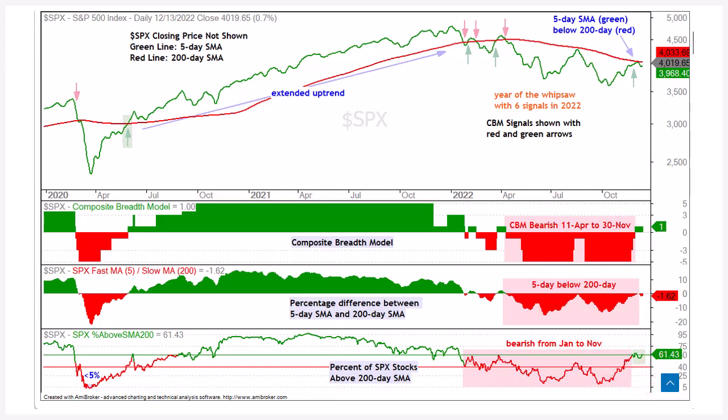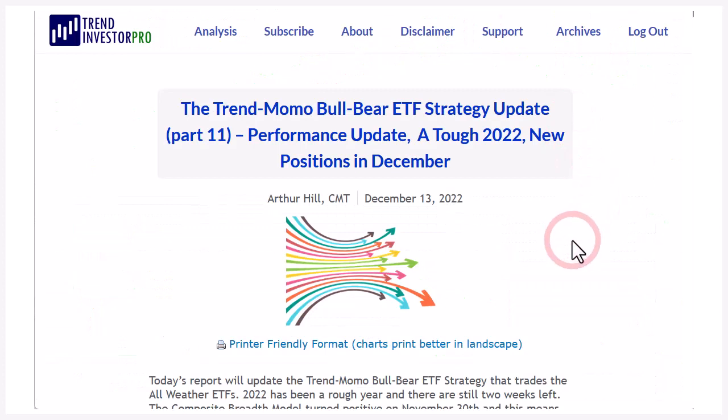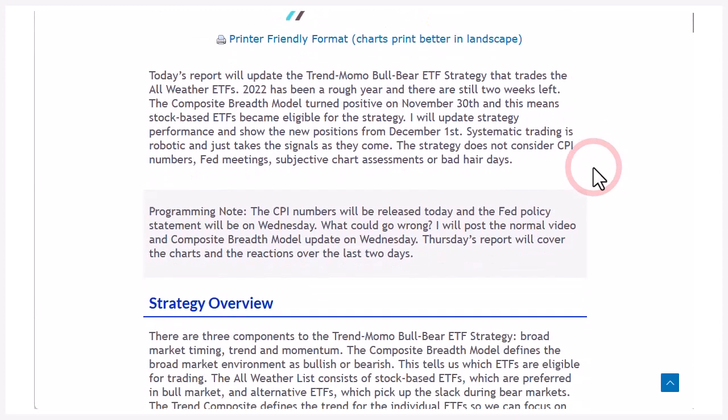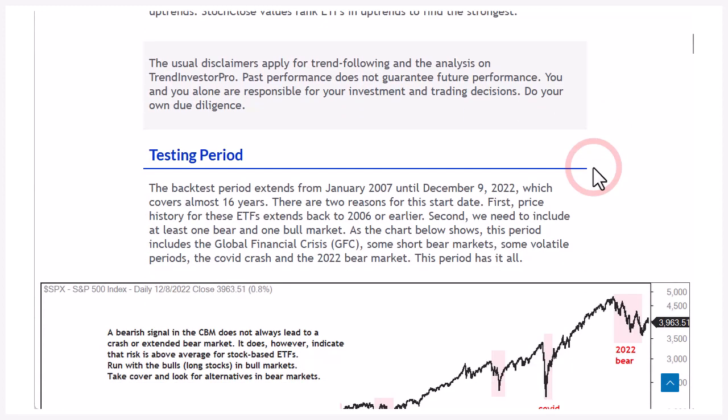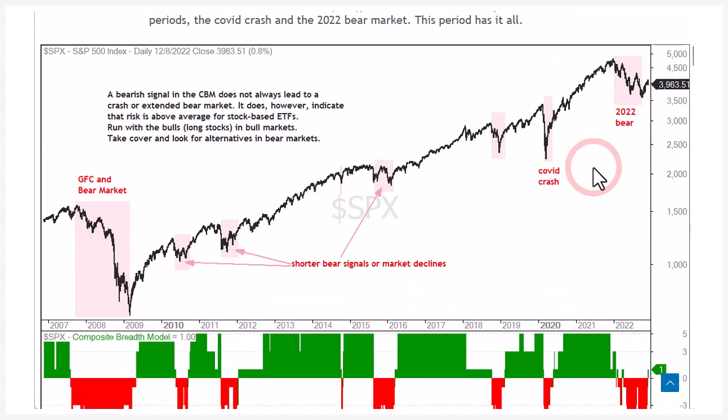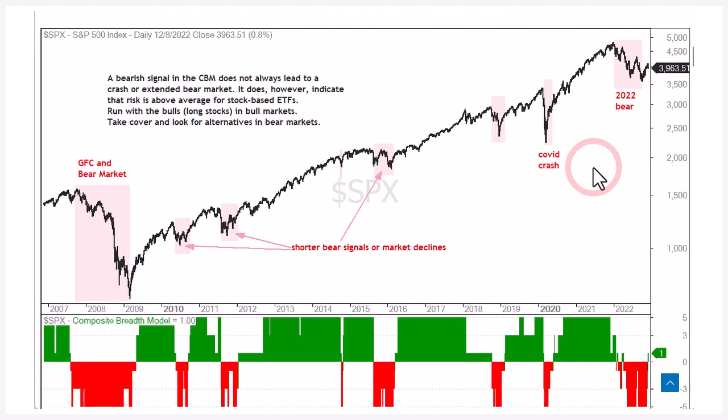Now, the other thing is the trend momentum bull bear ETF strategy. And this is an 11-part series. The first 9 parts broke down the strategy and showed how it worked with the indicators. It basically trades the all-weather ETF list, and it uses the composite breadth model to determine the bull market or bear market environment.